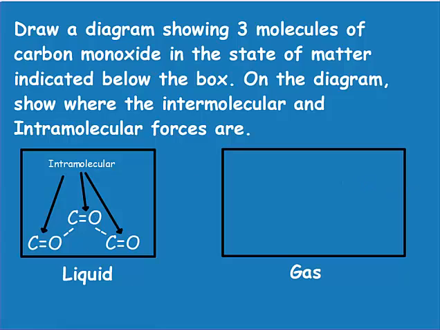So gases, if you recall, the kinetic theory says that gases should be far enough away from each other that there should be no attraction. So my gases are filling my container, so they're spread out. They do have intramolecular forces, so I have some there, some over here, and let's put that one there.